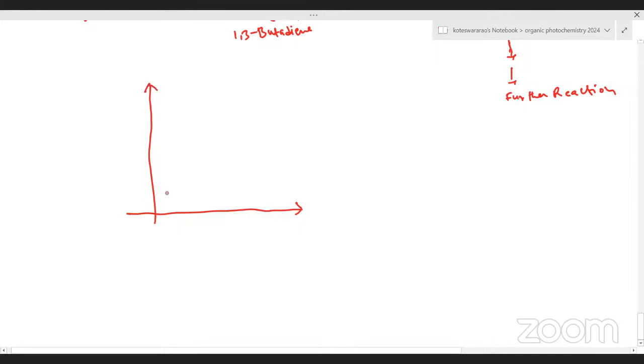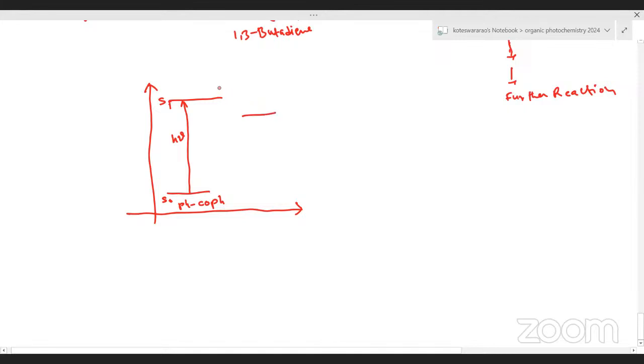Now, this is the ground state energy, the S naught state of benzophenone. When we provide the light energy, it will be excited to a somewhat higher energy, that is the S1 level. Its corresponding triplet state is like this.